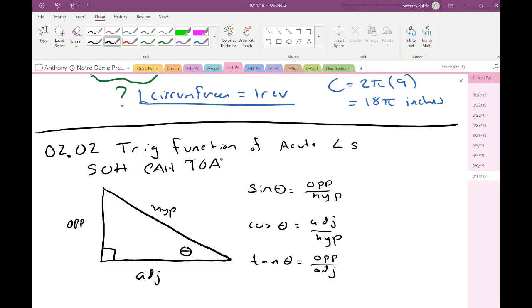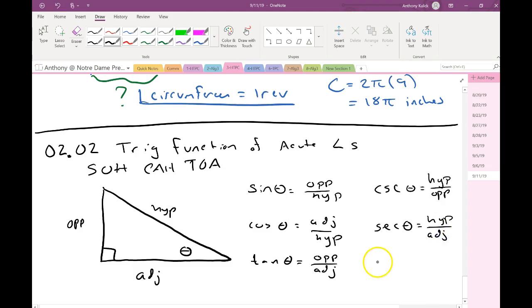There are another three trigonometric ratios that we will talk about in this class in addition. They're referred to as the reciprocal ratios. The first one is called cosecant, that we abbreviate as CSC, and it is hypotenuse over opposite. The second one is called secant, which we abbreviate as SEC, and secant theta is hypotenuse over adjacent.